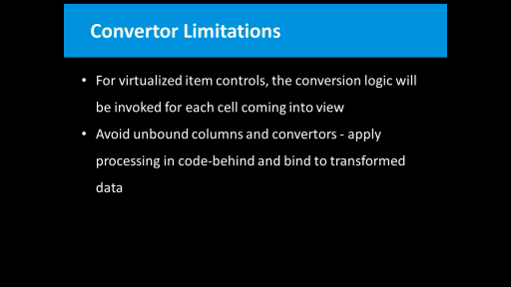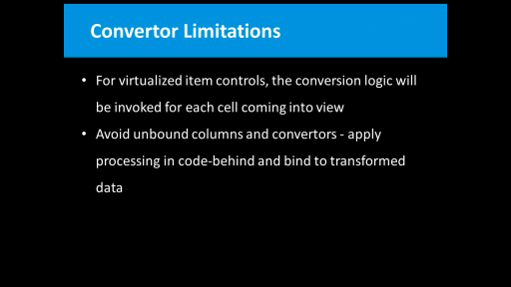Right. So I spoke about the converter limitations. For virtualized item controls such as the grid, conversion logic will be invoked for each cell coming into view. So it's much better to do all this formatting and brush setting for the background and foreground coloring at the view model level. Also, something very important for the grid, avoid unbound columns and converters.